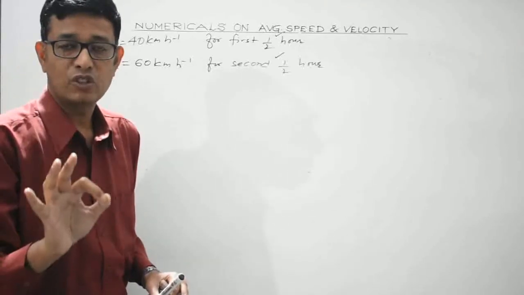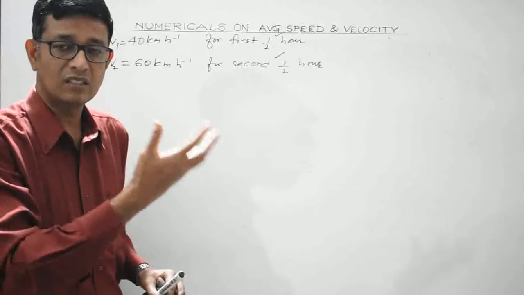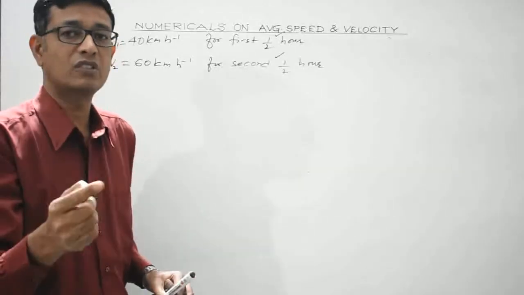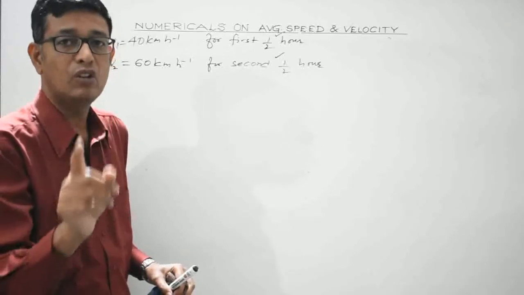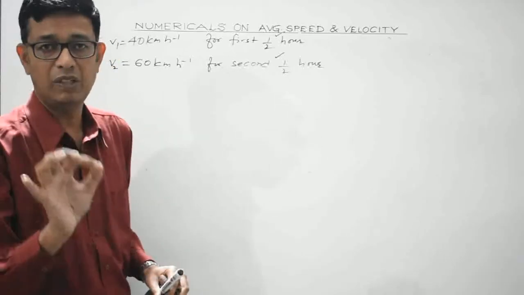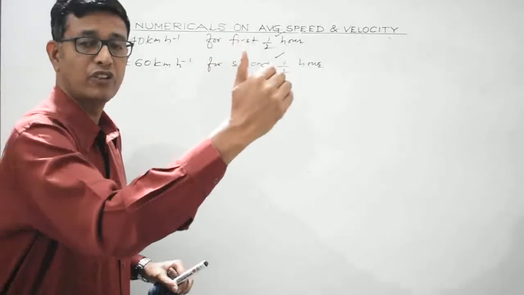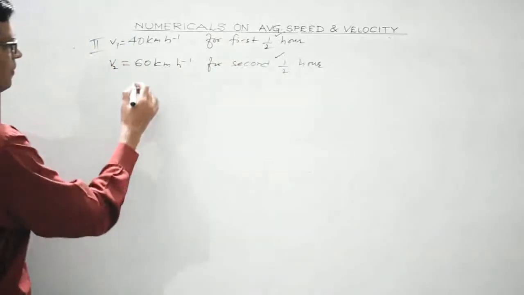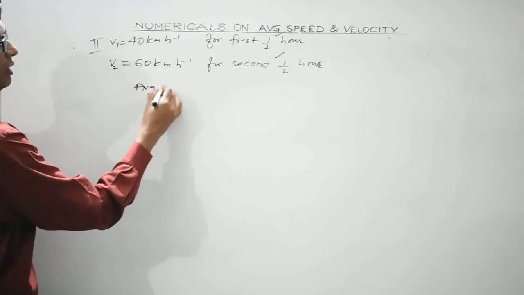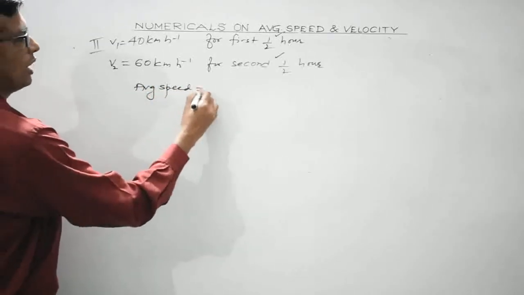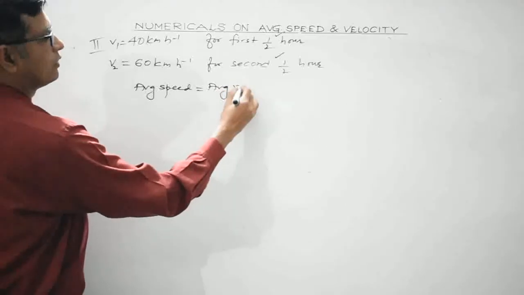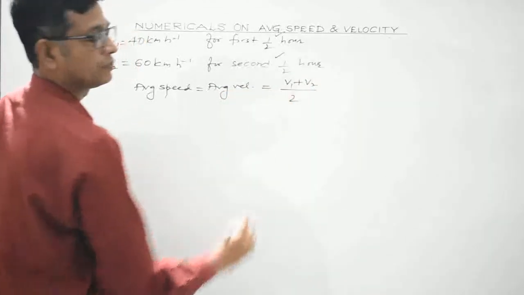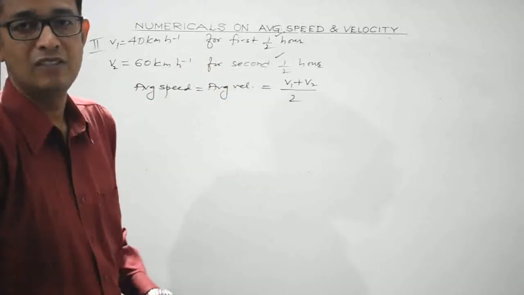Whenever there's a case of a body covering unequal distances or displacements in equal intervals of time, then the average speed or average velocity is given by the arithmetic mean of V1 and V2. Arithmetic mean, right, which is sum of all the observations divided by total number of observations. So in this case, since the body is moving along the same straight path, average speed would be equal to average velocity. It would be simply equal to V1 plus V2 by 2. This is the arithmetic mean.